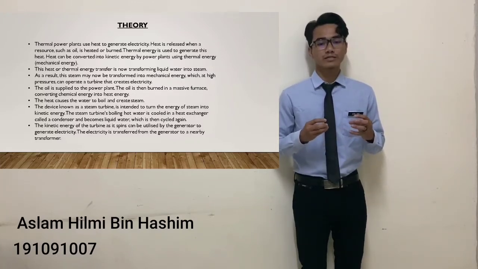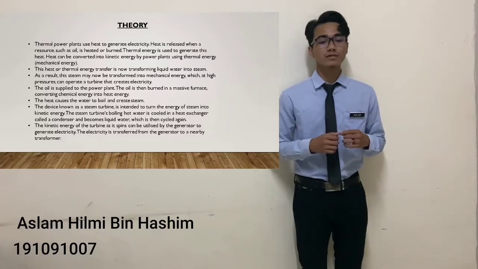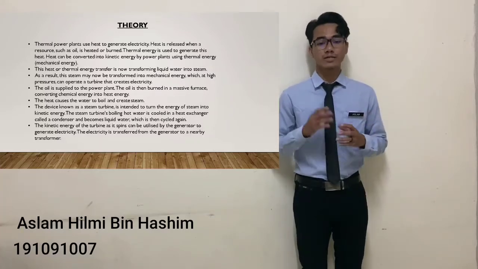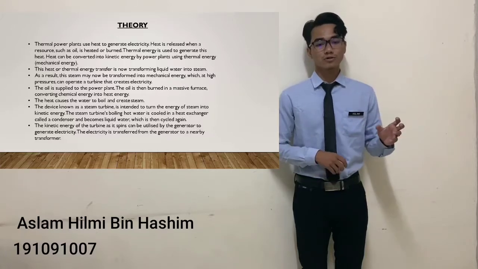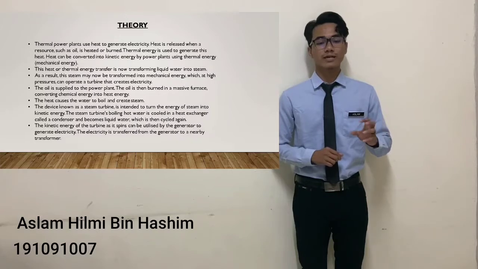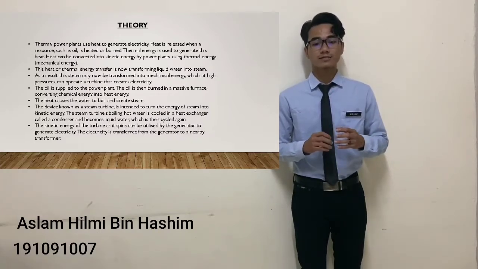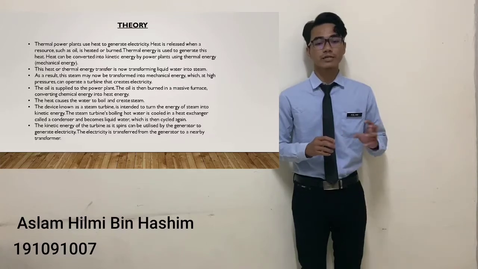The oil is then burned in a massive furnace, converting chemical energy into heat energy. The heat causes the water to boil and create steam. The device known as a steam turbine is used to turn the energy of steam into kinetic energy.